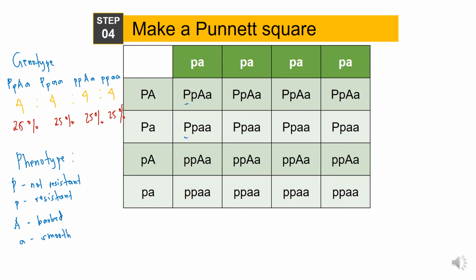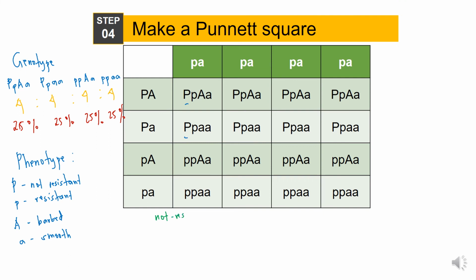Ayan. Oh, yan. Okay. So, kung titingnan natin, no, we have the dominant P here, right? So, ibig sabihin, ito ay not resistant. So, para mas madali, parang ilalagay lang natin dito, no? We have non-resistant na lang yung ilagay natin, okay?